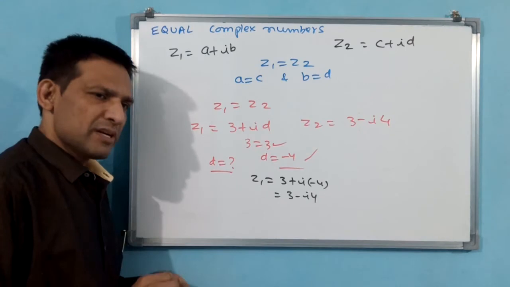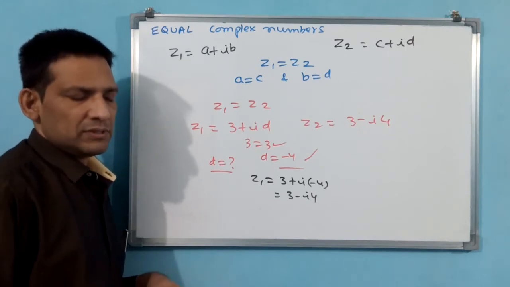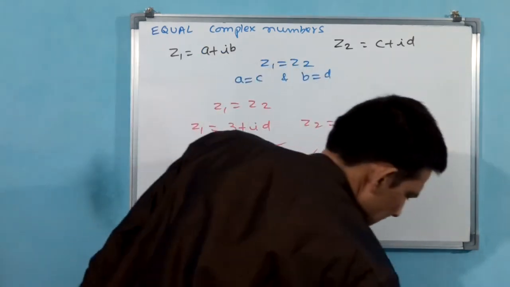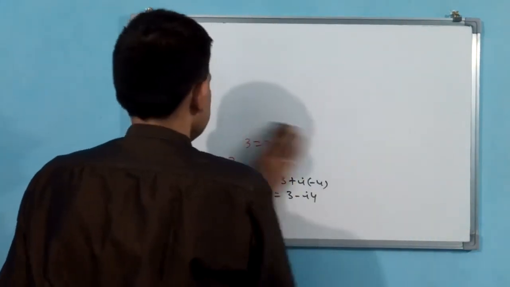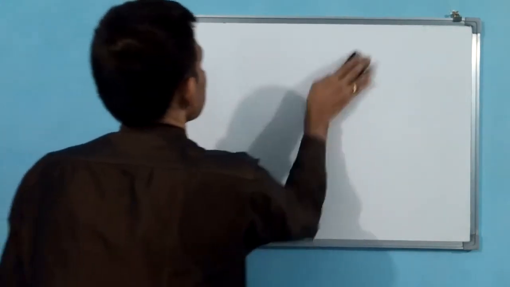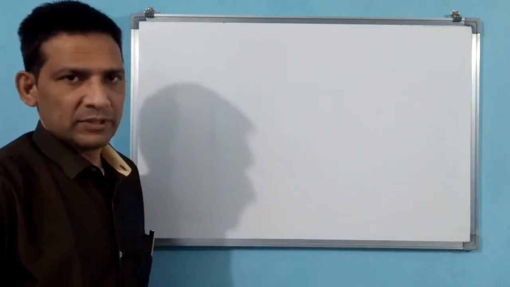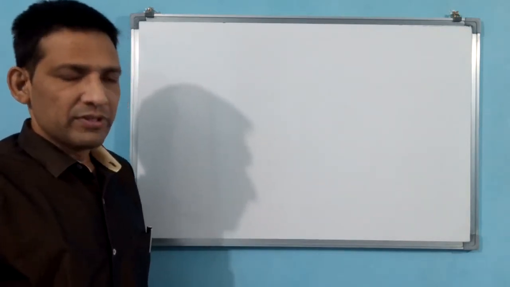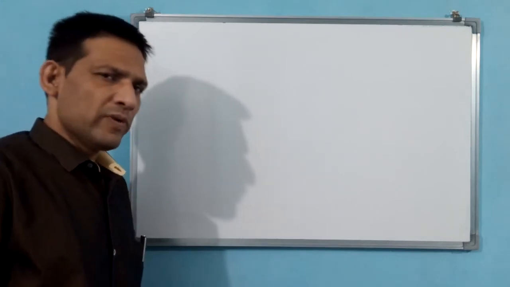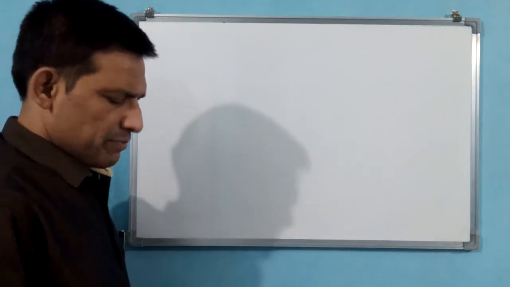In addition of complex numbers, we have to know the properties also. Let us first understand the concept and procedure with notations, then we go for an example, because with an example we can understand more precisely.